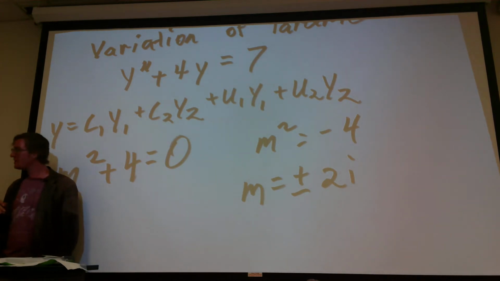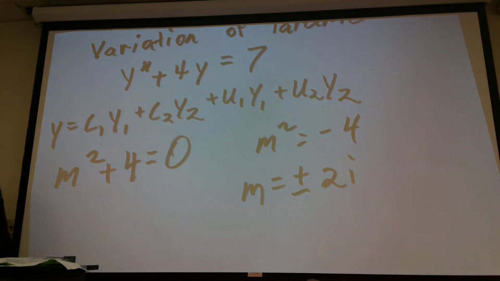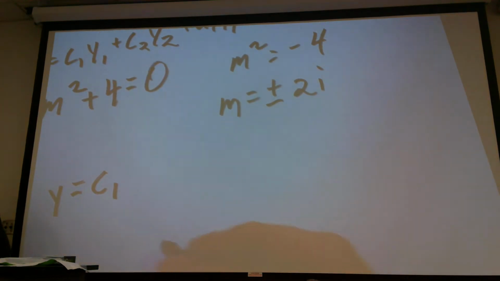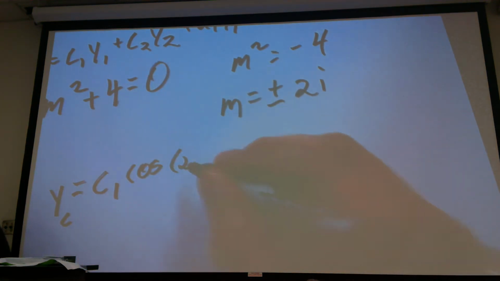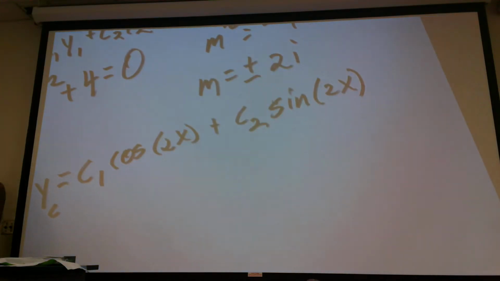Okay? So what that's telling me is that, write it like this: y sub c equals c1 cosine of 2x plus c2 sine of 2x.